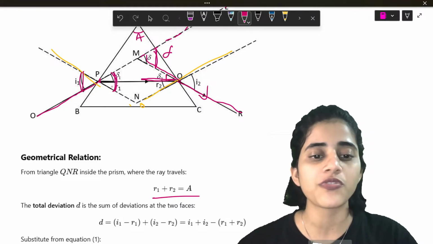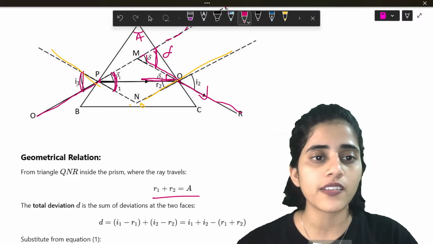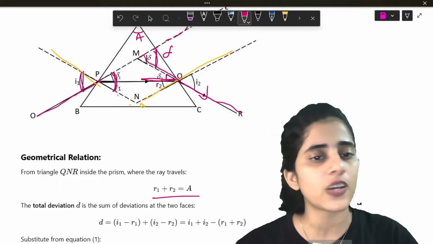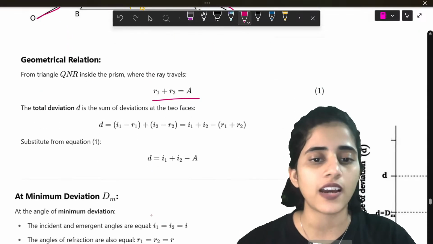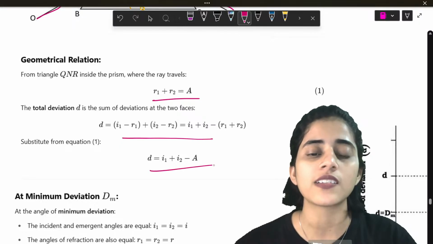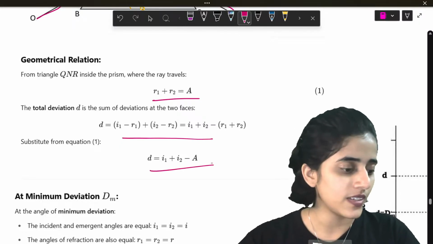So instead of delta 1, you can write it as delta 1 plus r1, or you can write it as i1 minus r1. So that's how you get this equation.